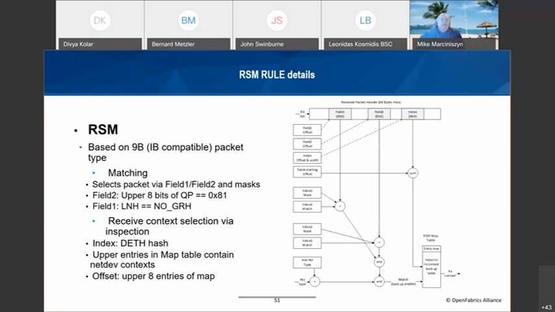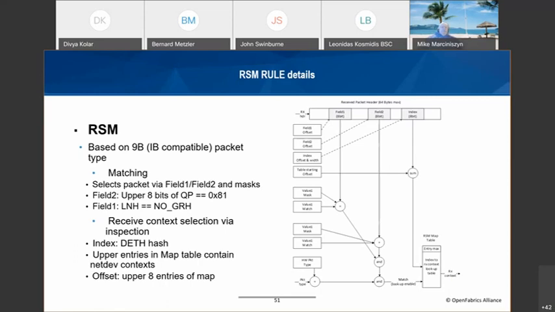So the key, as we said before, is the RSM. It's actually a programmable matching and spreading mechanism that's built into the HFI1 chip. You can use 2 fields to match, and then coming out of that matching algorithm, once that fires, you can produce an index using some kind of hash, and then index it into an array that has a base register, and then that points to one of our 256 receive contexts.